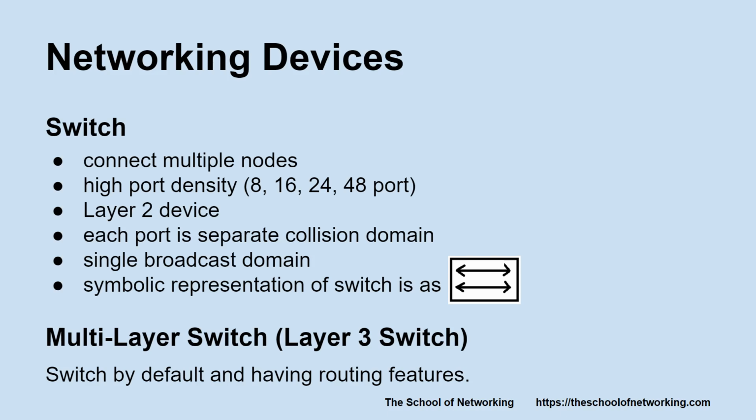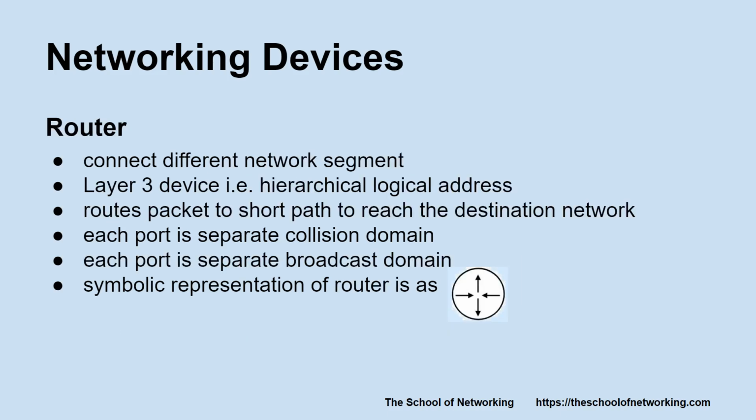Okay. So the next evolution after the switch, because we still have an issue with the broadcast domain. If a single node sends a broadcast, it will go across all the ports of the switch. So we had to constrain this broadcast. The next device that came into existence was the router. The purpose of a router was to connect different network segments as well as to separate the broadcast domain.